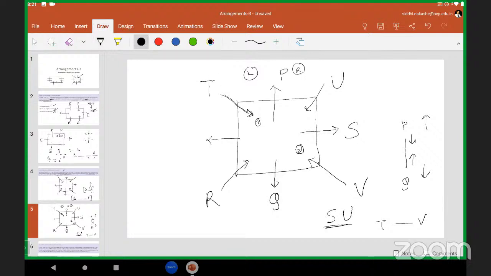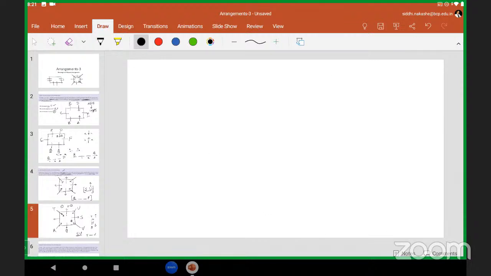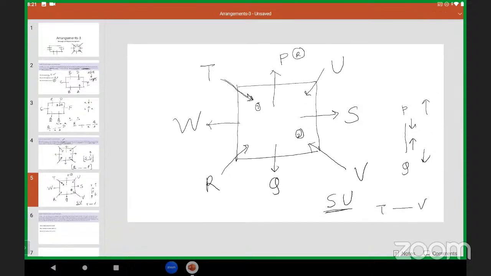And lastly, the only person remaining out of P Q R S T U V W is W. So W has to be over here. So this is the final arrangement.